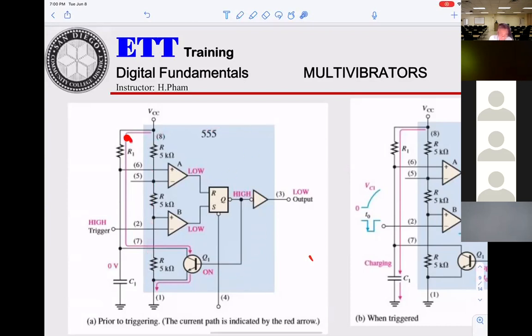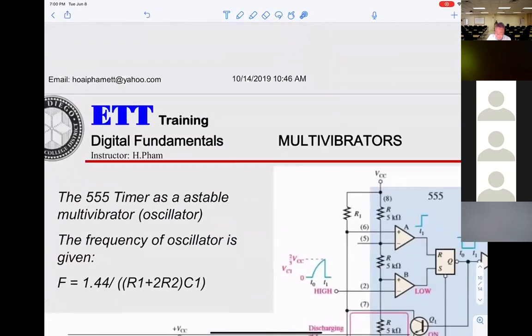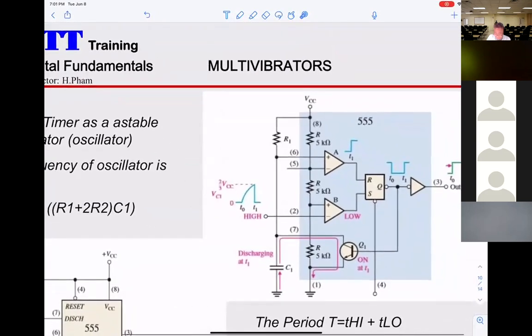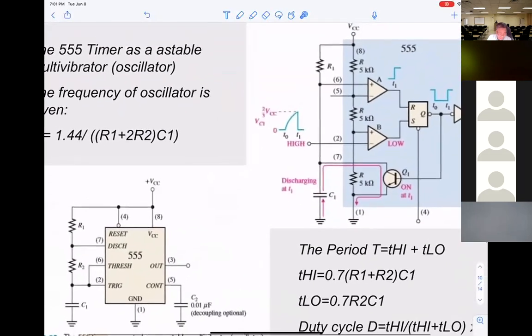This is what you want to connect outside, R1 and C1. Then you can see how they work. That means they will be charging, or what else. Okay, so try to read it.